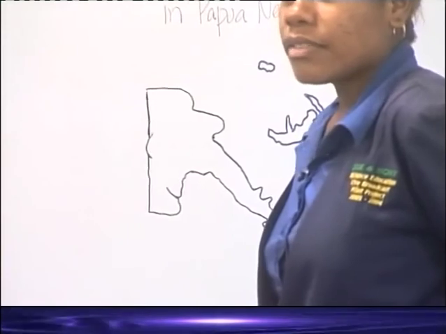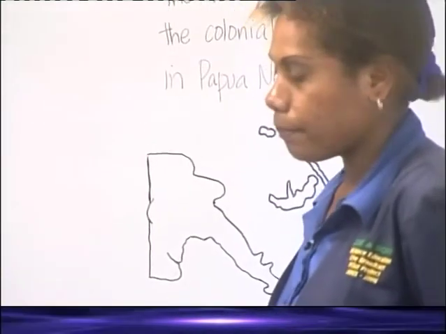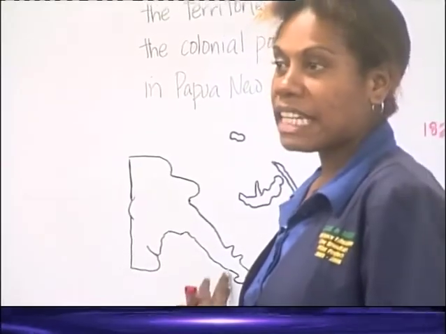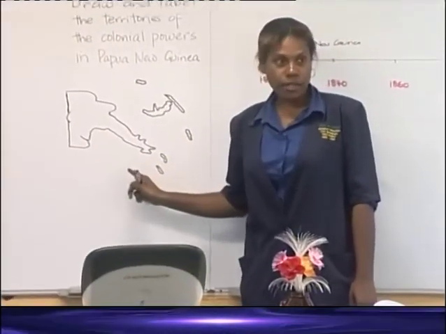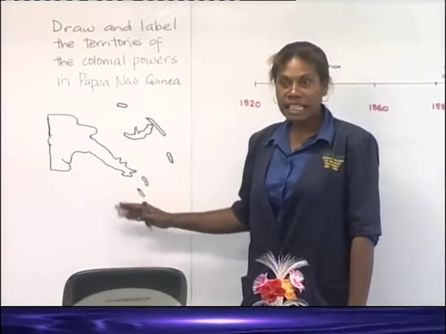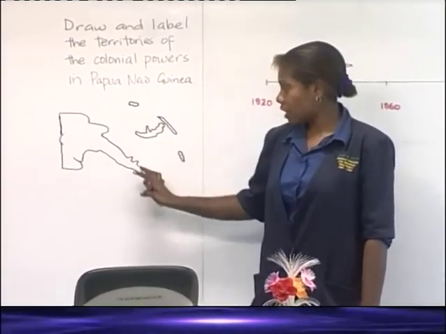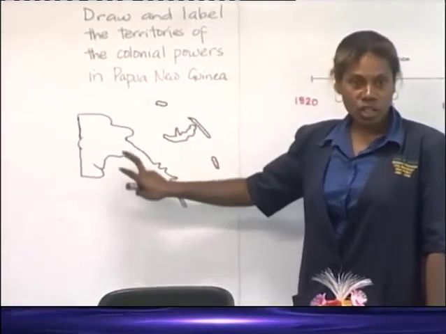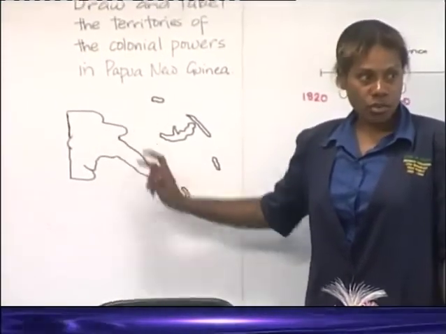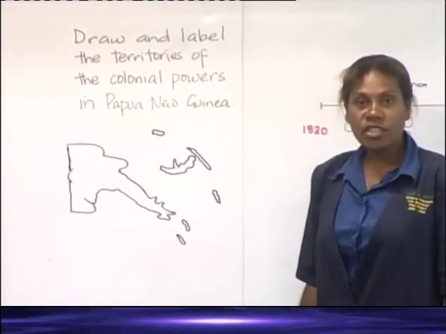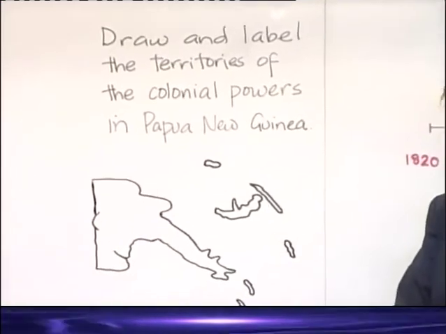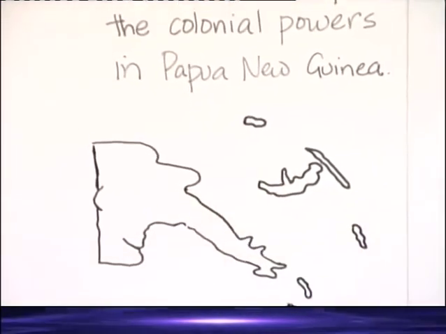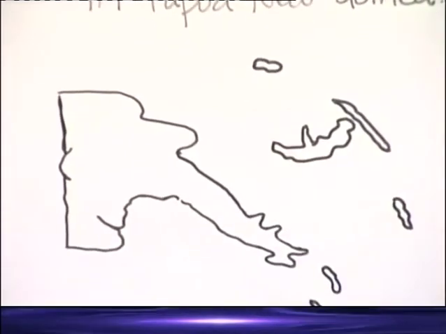So your activity, you're supposed to draw the map of Papua New Guinea, and then on the map you label the territories of Papua and New Guinea, and which country colonized the two territories. So receiving students, in your exercise books, you have your map and your boundaries or territories.